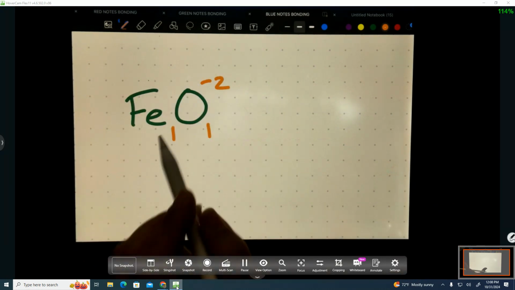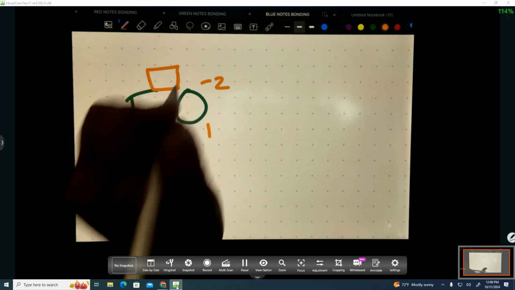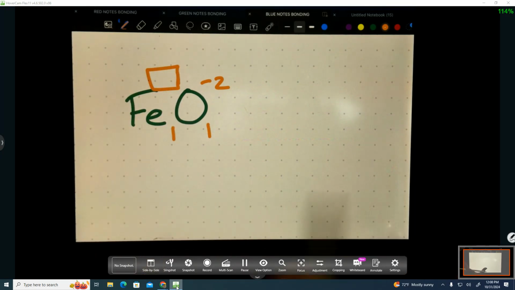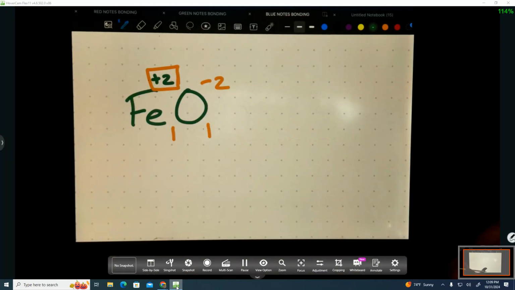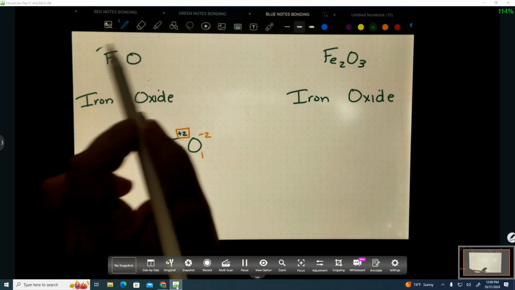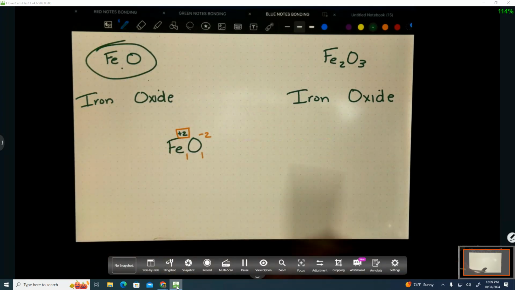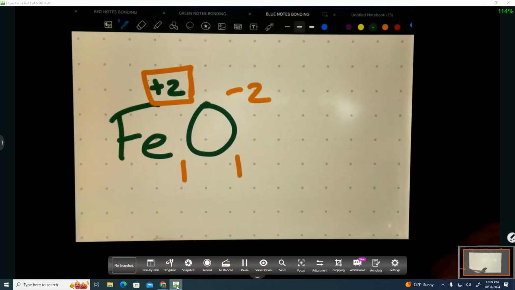It's a -2. Which oxidation number needs to go here in order to give me the 1-to-1? The +2. Okay? So in order to make this FeO compound, which iron did I use? I used the one with the +2 charge.